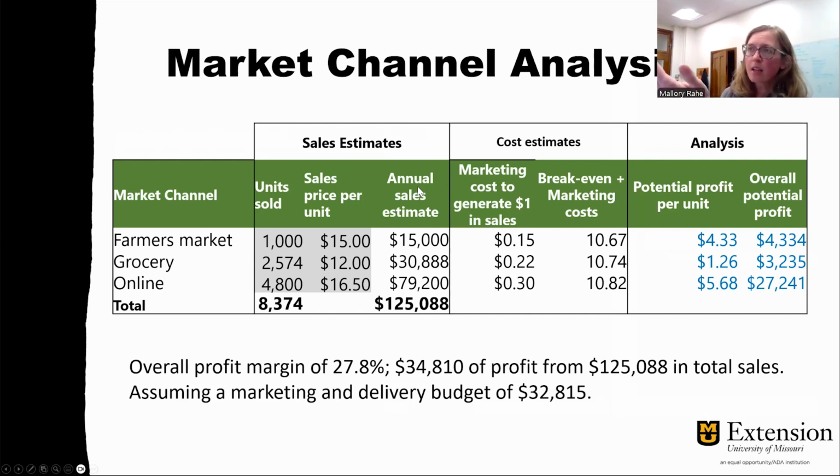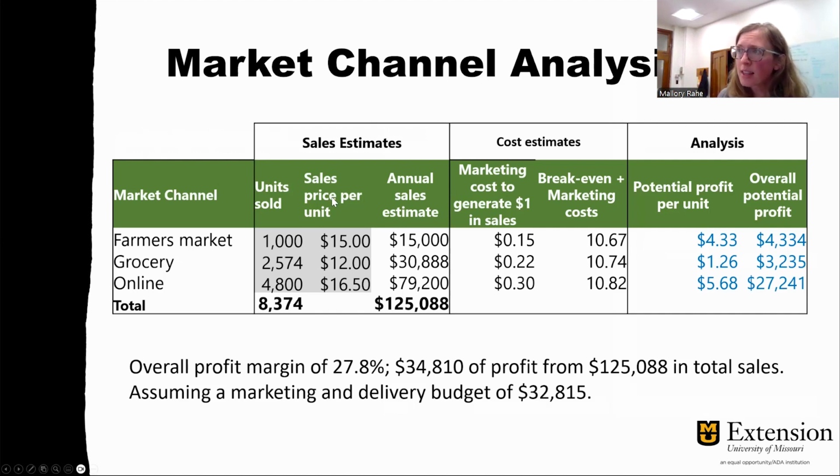So the tool is going to work out my annual sales estimates. And then it's going to take all that data I entered on those earlier spreadsheets and show me how much it cost me in marketing costs to generate $1 of sales.